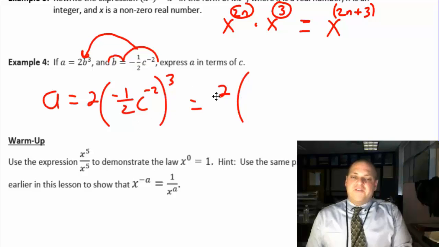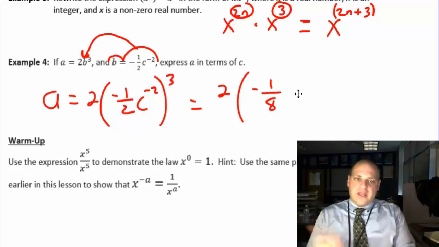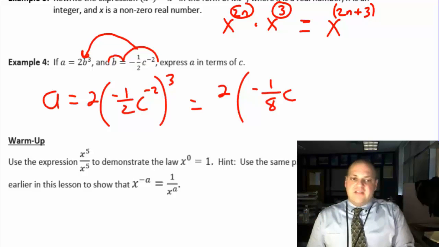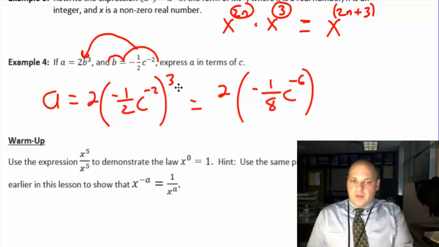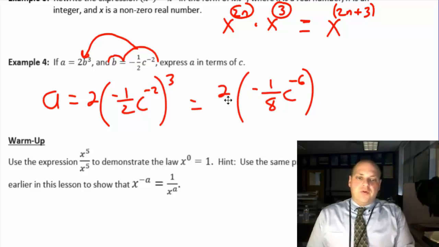Okay, so 1/2 to the third is 1/8, because 1/2 times 1/2 times 1/2 is 1/8. So negative 1/8, and then c to the negative 6. There we go, because you have to raise it, then multiply. Now I can reduce 2 and 8, which reduces to a 4, and that's a 1.